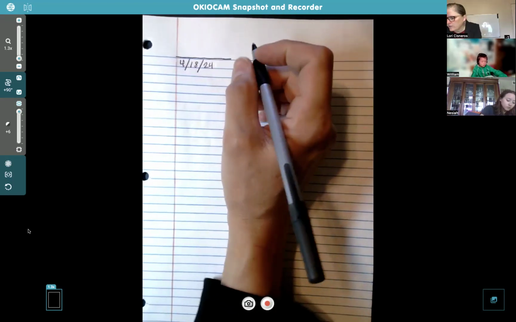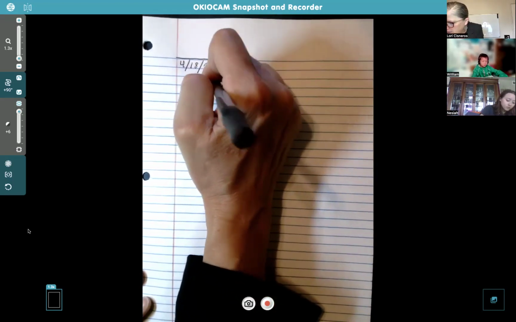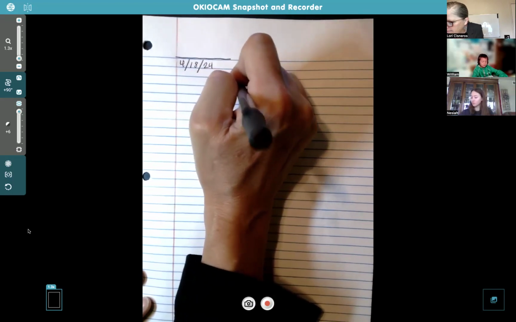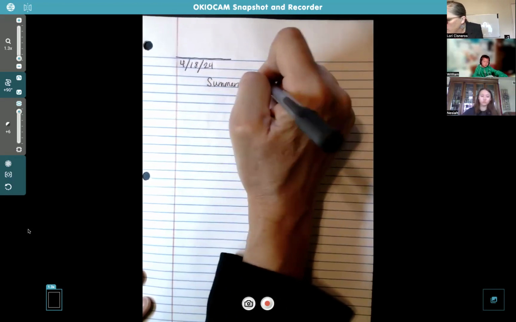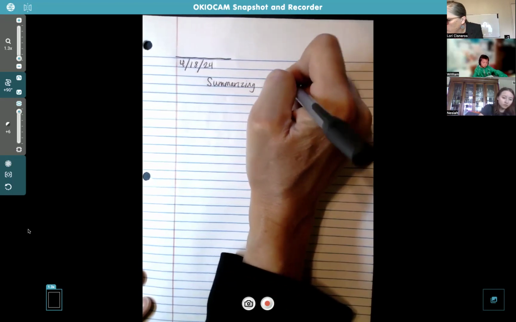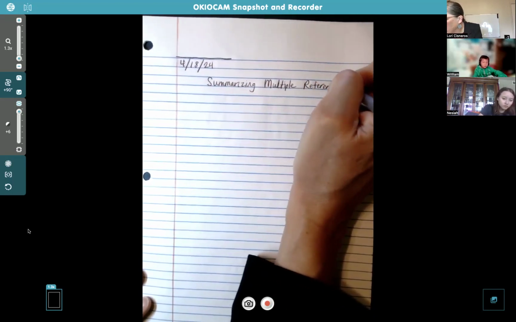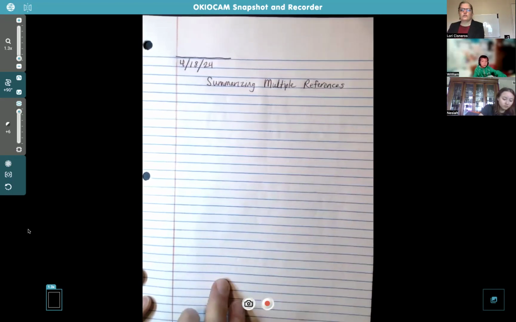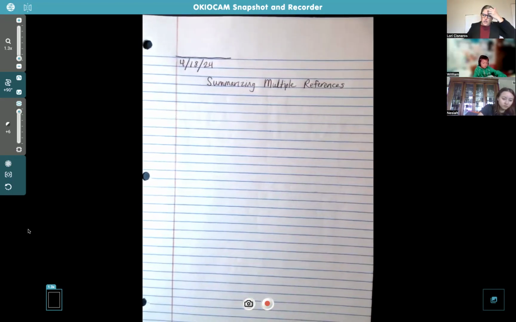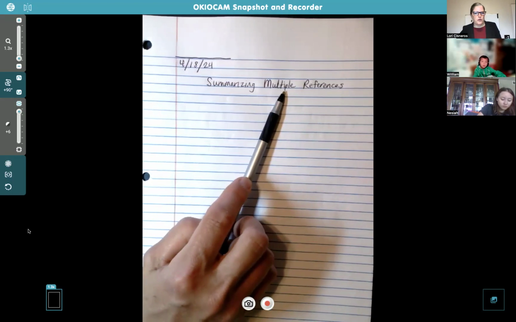The unit is called, you're going to skip a line and let's write, summarizing multiple references. Big words. Summarizing multiple references. We've talked about summarizing before. We've talked about summarizing references, but now we have that word multiple.